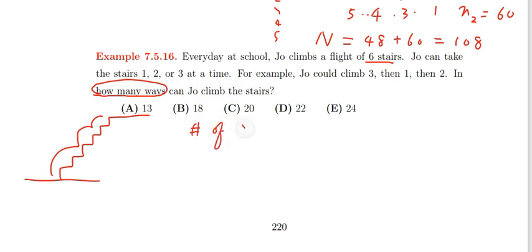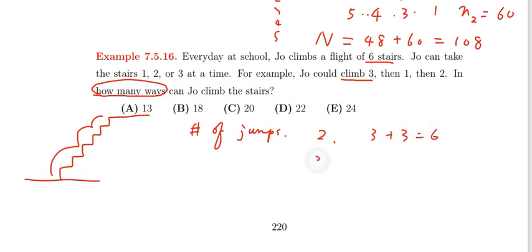At most he could climb 3 at a time, so at least he needs 2 jumps. If the number of jumps is 2, then it means 3, 3, since 3 plus 3 equals 6.